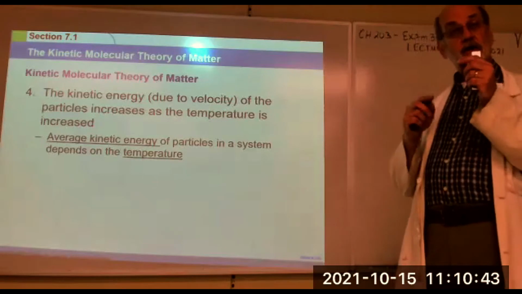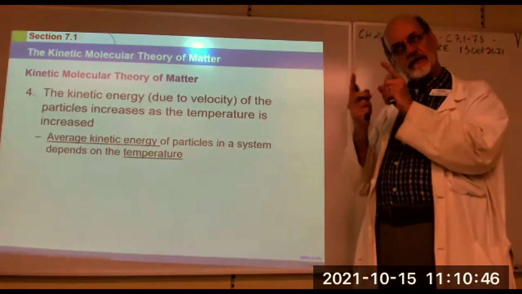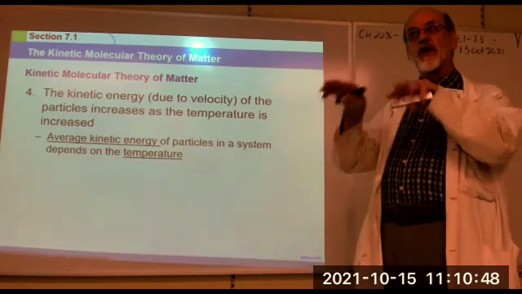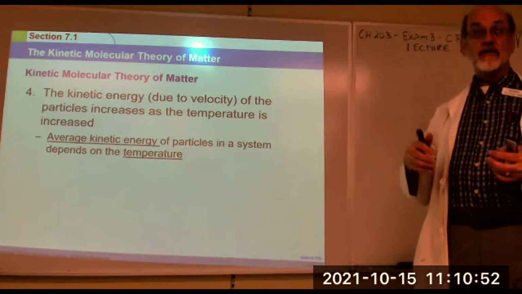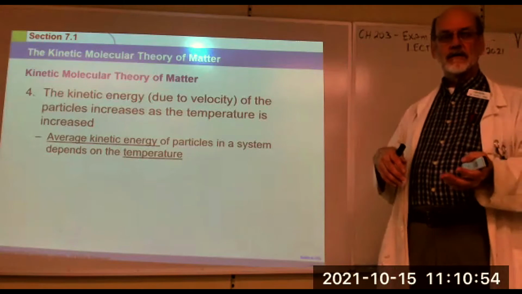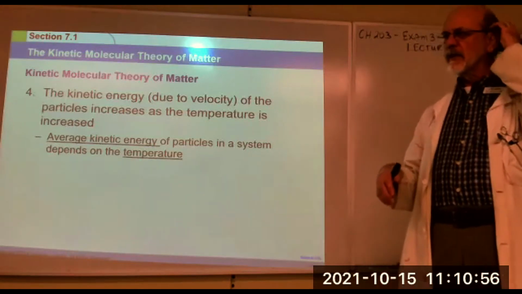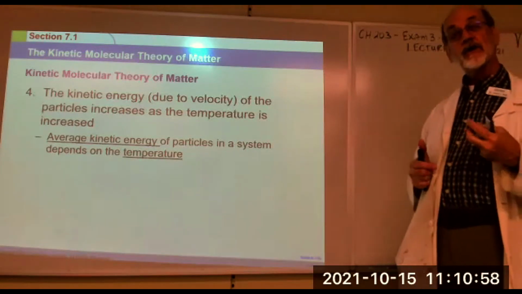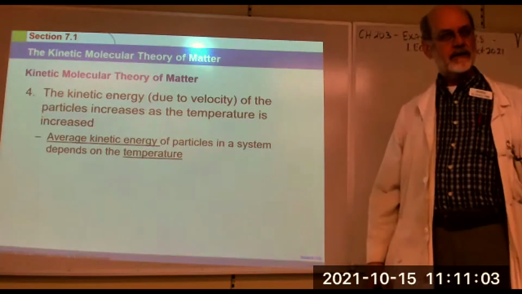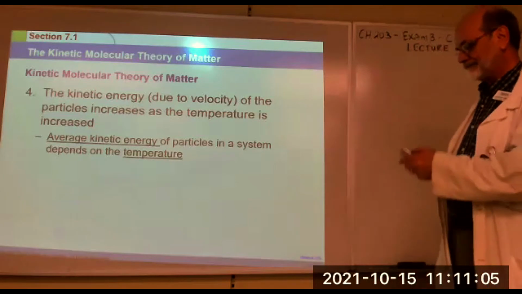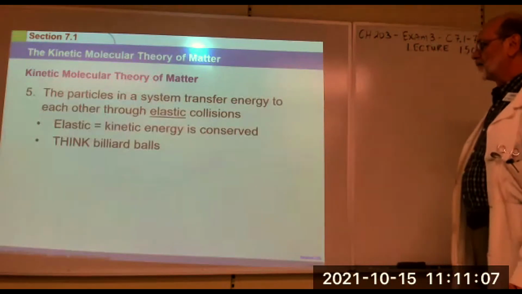Now, each particle might have slightly different kinetic energy, but on average, if we went from 100 Kelvin to 200 Kelvin, then we have doubled the kinetic energy. Okay.